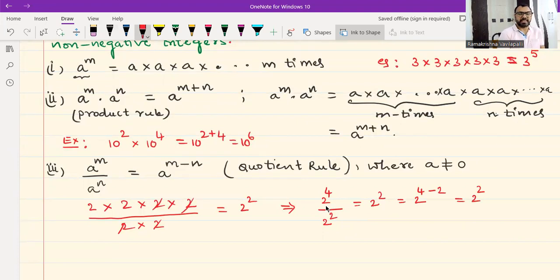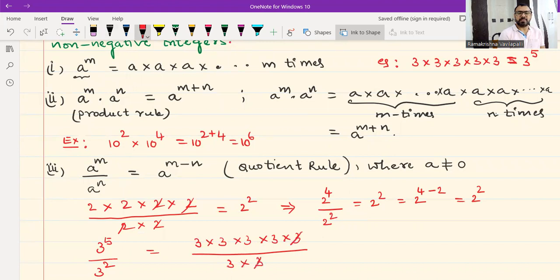Or I can give another example, 3 to the power of 5 by, let us take 3 to the power of 2. So this is nothing but we multiply 3 five times in numerator, whole by 3 into 3.